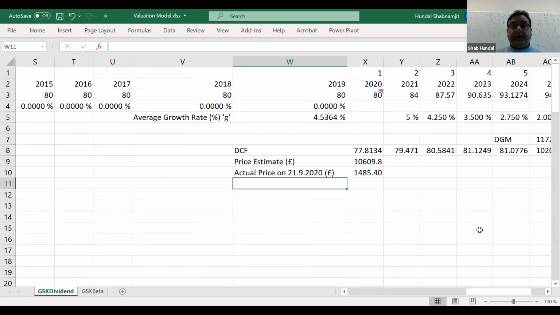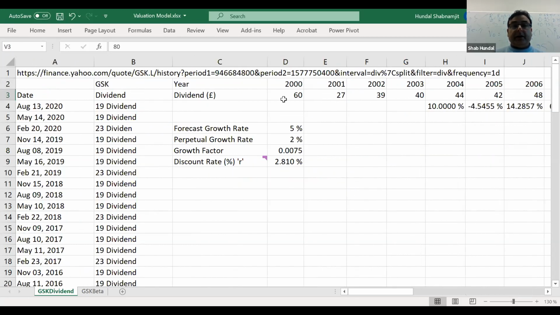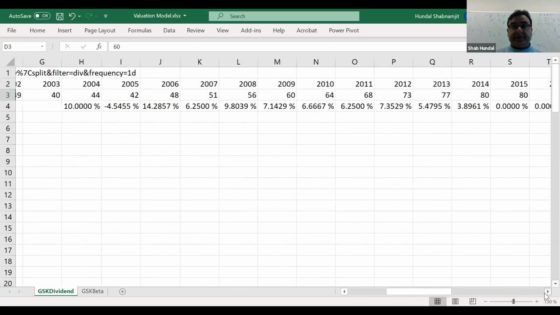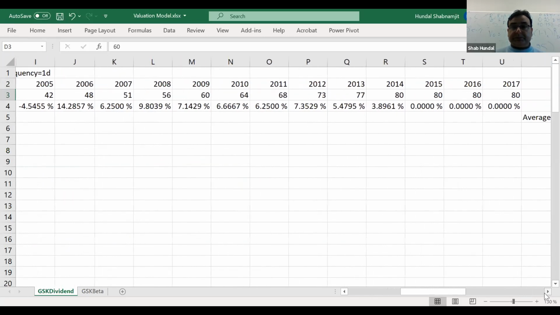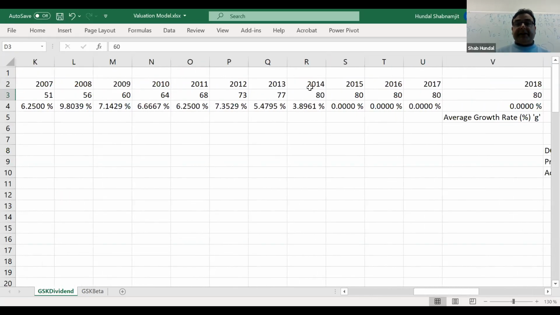Then we have this data, and you can see from here how much growth is taking place, and how much the dividend is growing each year.